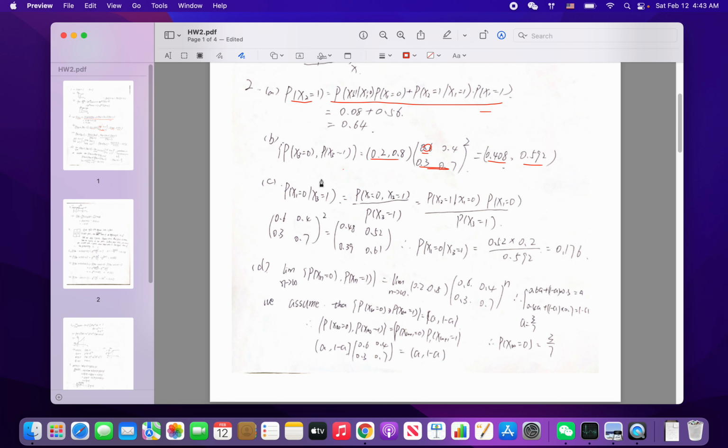We need to calculate this probability. We can write it as this.